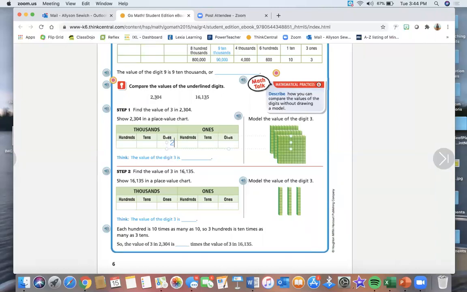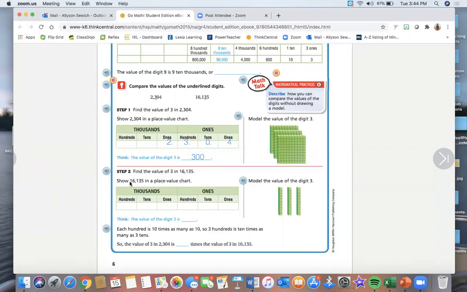We have 2,300, and then 0 10s, 4. Okay, so because I already put this in the chart, the value of the digit 3 is right where I put it. It is the hundreds. So we know that 3 as 100 is 300.